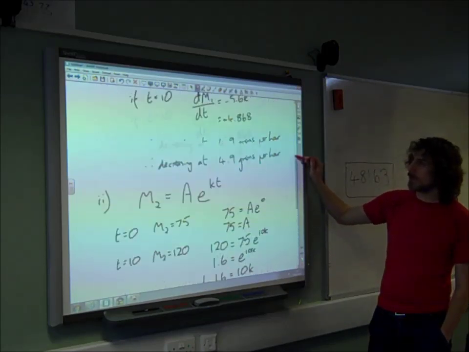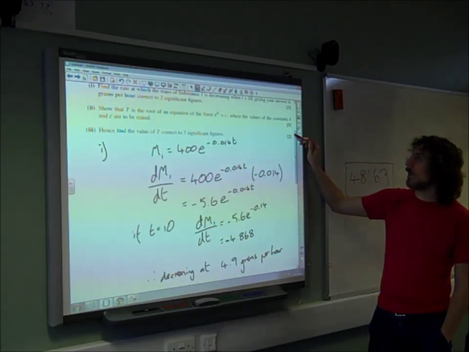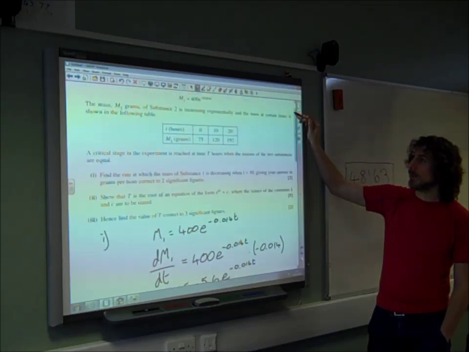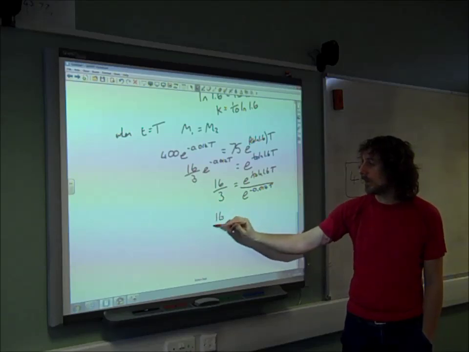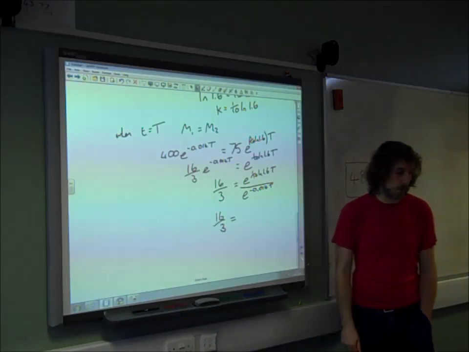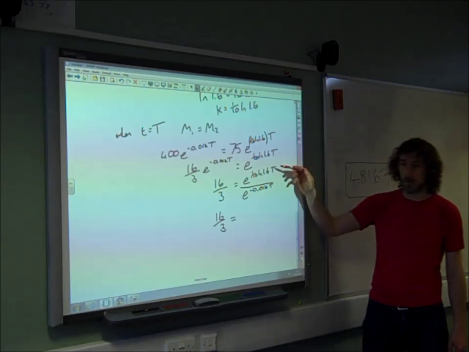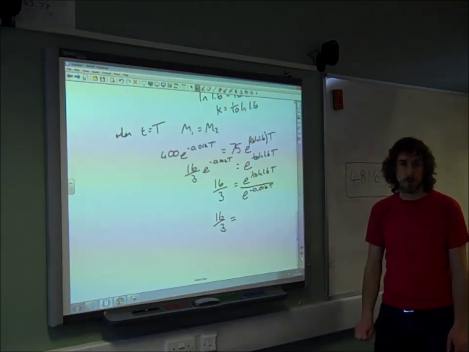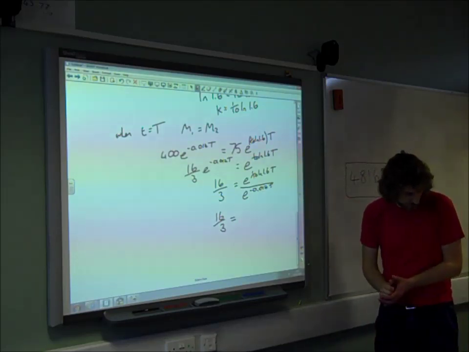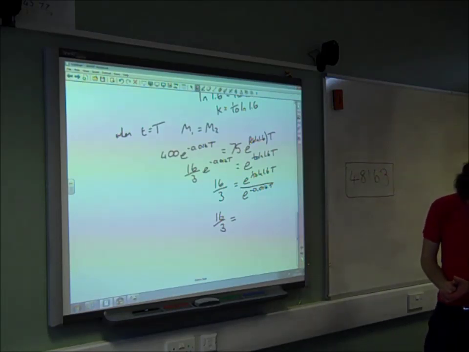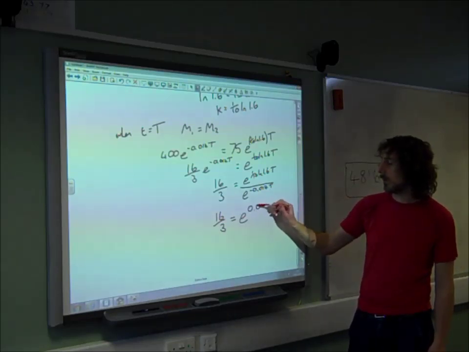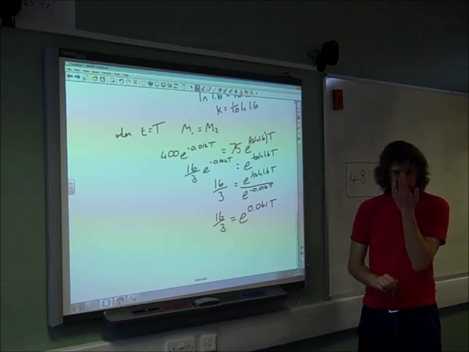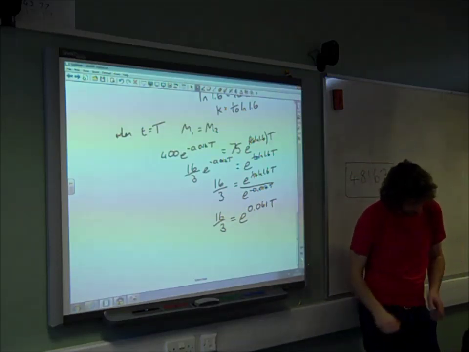And I'm not sure how exact we need to get our value of k. Given that it wasn't exact in the first bit, I think it's probably right just to do it with a few significant figures. If we do 1/10 ln 1.6 minus 0.014, so plus 0.014, then that should give us some kind of value, and I've got it to come out as being 0.061, as being the solution there.